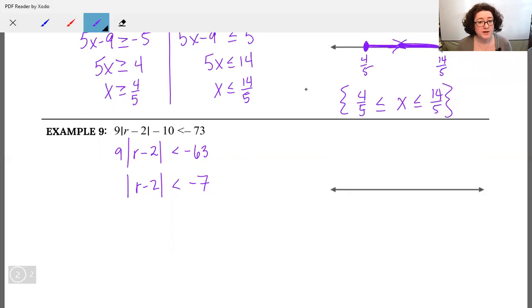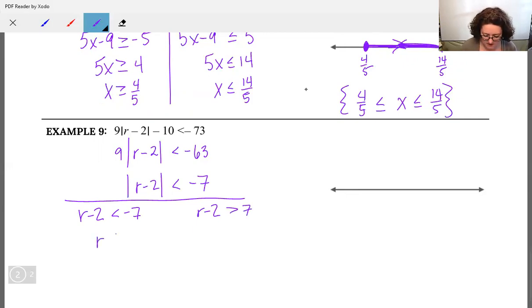I'm going to keep working it just in case, and I want you to see what's going to happen when we try checking our work. So technically no solution, but let's see what happens. So r minus 2 less than -7, and r minus 2 greater than 7. So I solve this out. r less than, add 2 means less than -5, and r greater than 9.